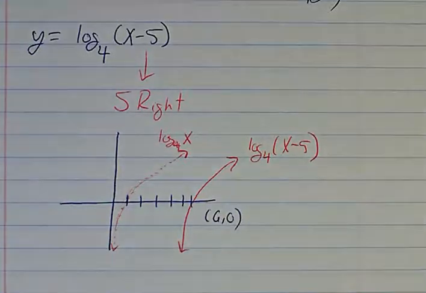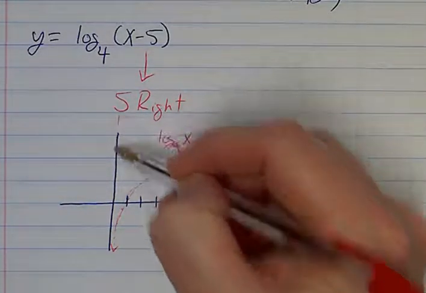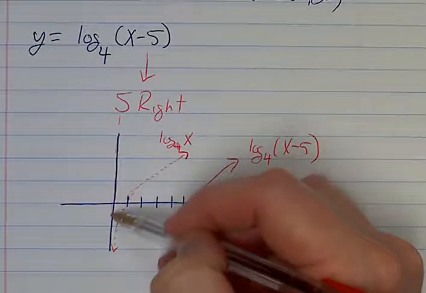Oh, and here's a word that you haven't heard, or you thought you may not ever hear again. Vertical asymptotes. We did that back in chapter 6. Back here you had a vertical asymptote right on top of the y-axis, and you didn't see it.